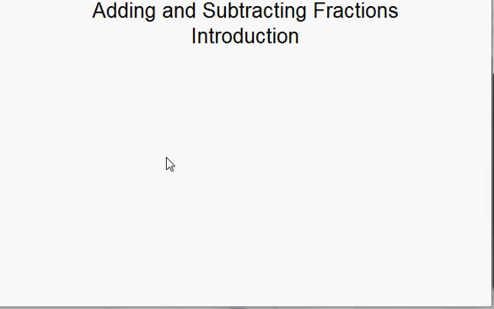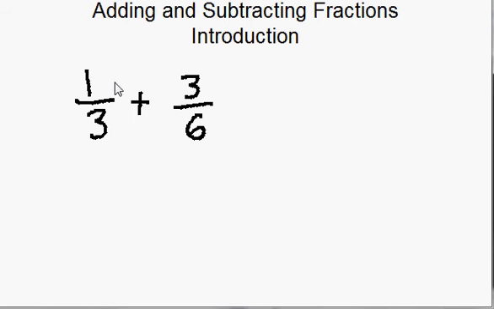Okay, let's try an example where the denominators are different. So suppose we have 1/3 plus 3/6. Well, there's a couple different ways to do this, but basically when you have fractions with different denominators and you want to add them together, you need to rewrite the fractions in an equivalent form so that they have the same denominators.